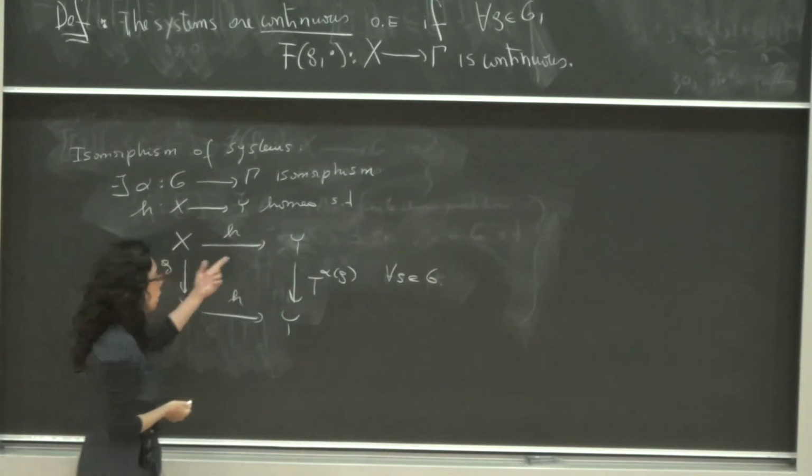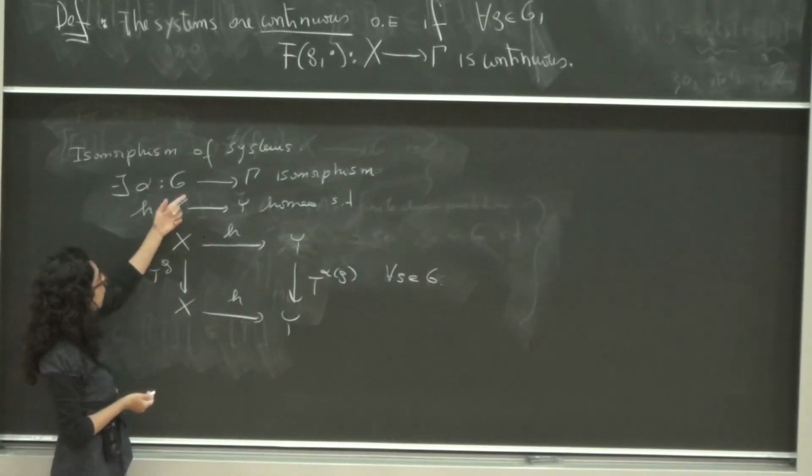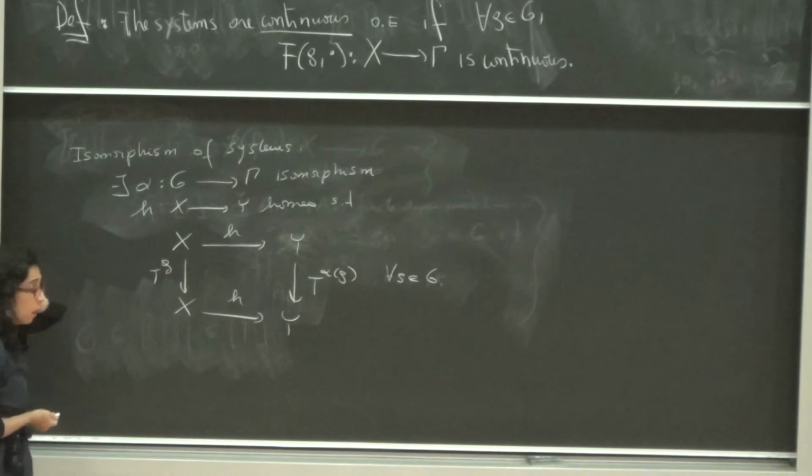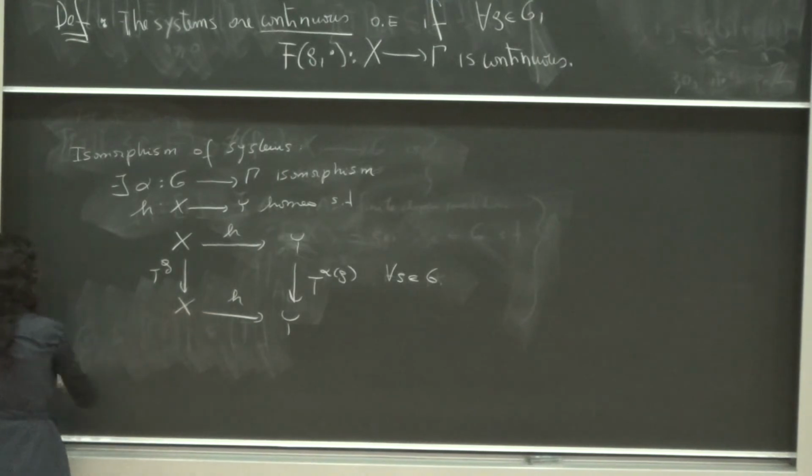So flip conjugacy is this for G and gamma equal to Z. So the question is, okay, is continuous orbit equivalence equivalent to this? And the answer is no.